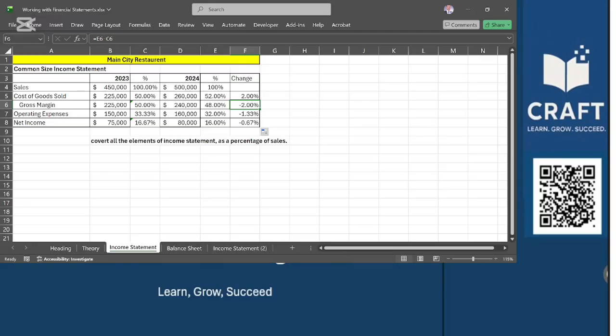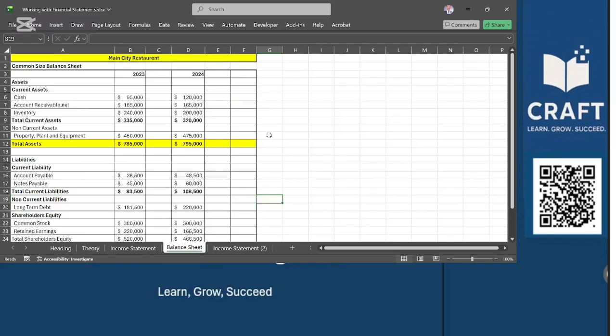Similarly, if you look at a balance sheet, here is the balance sheet of Main City Restaurant for 2023 and 2024. In order to prepare a common size balance sheet, all financial elements, for example, assets, current assets, non-current assets, current liabilities, non-current liabilities, and shareholders' equity, are converted as a percentage of total assets.